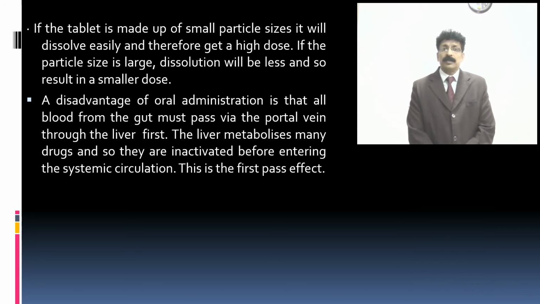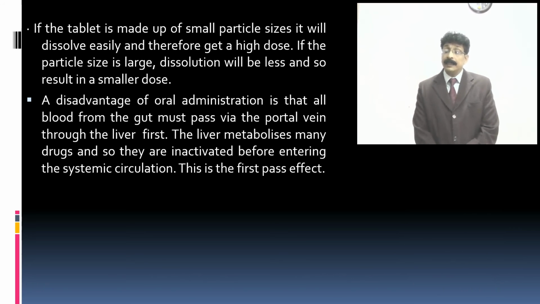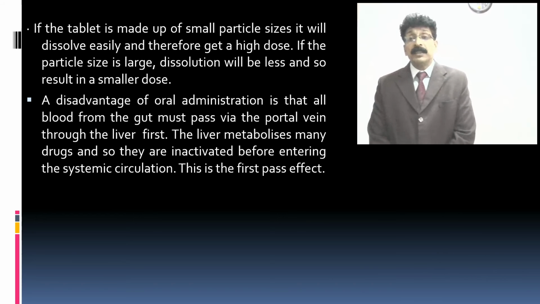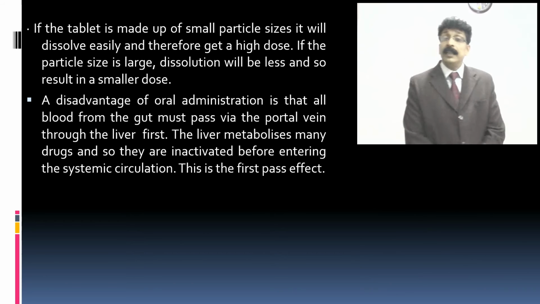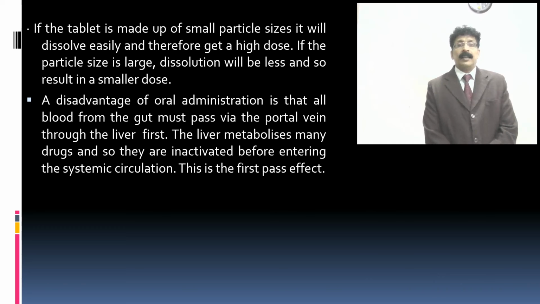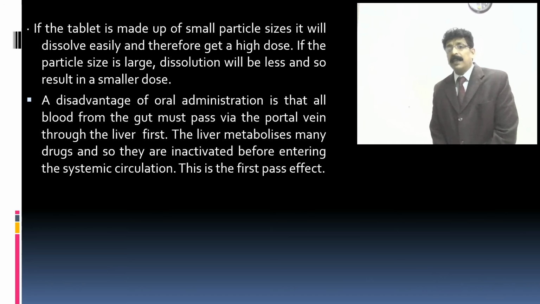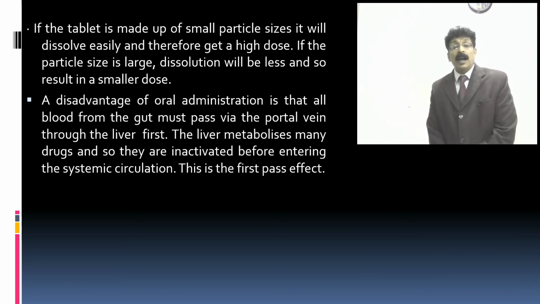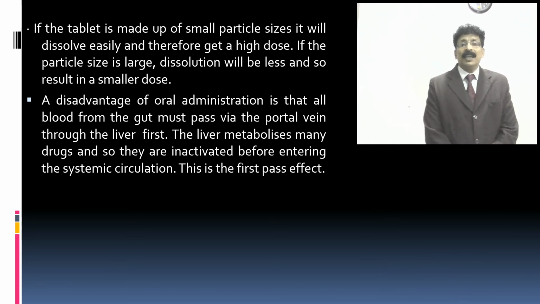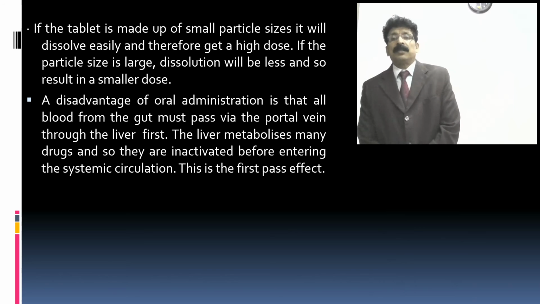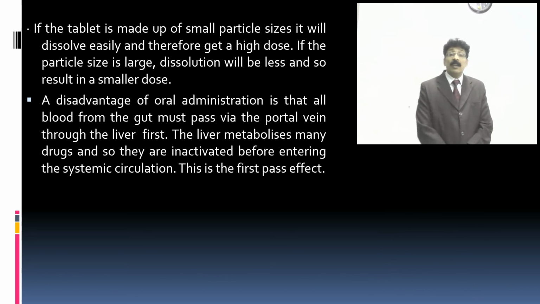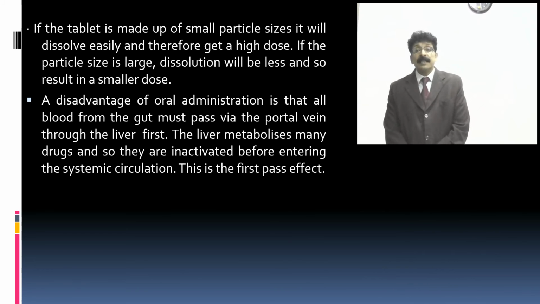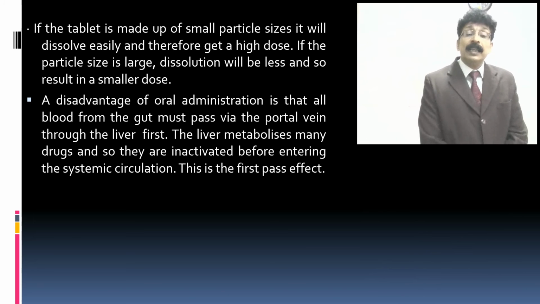Again repeating, read it. It is about physical pharmacy and general idea. Once you read, only then can you understand. If a tablet is made up of small particles, the smaller the size, the more the surface area, and it dissolves easily and therefore gets a high dose. If the particle size is large, dissolution will be less and so it results in a smaller dose.